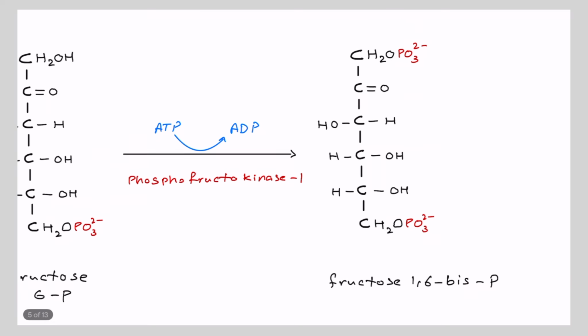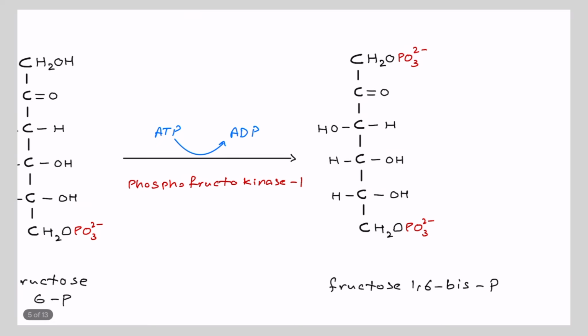We can see here that we have again carbon number 1, 2, 3, 4, 5, and 6. We have a phosphate group on carbon number 1 and a phosphate group on carbon number 6. That's why this is called fructose 1,6-bisphosphate.